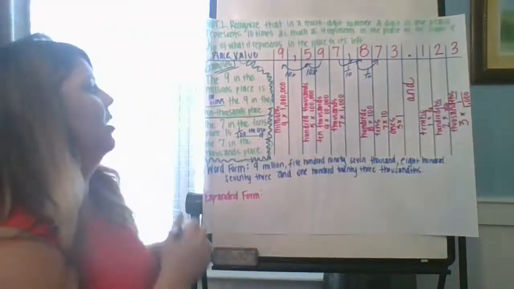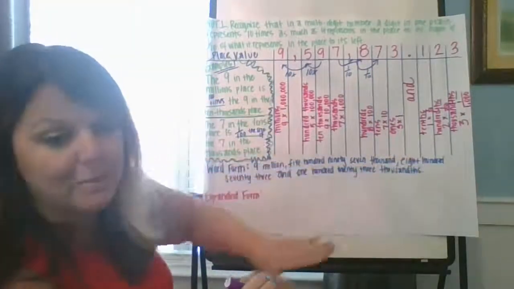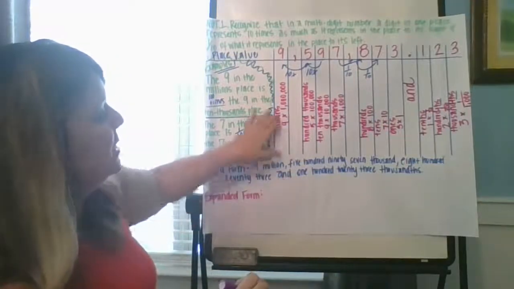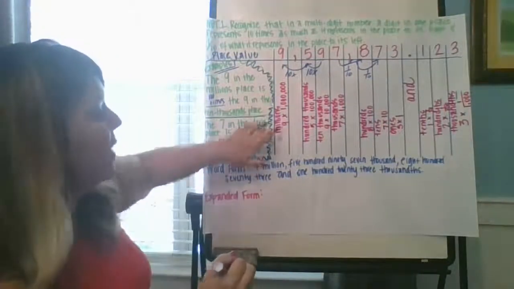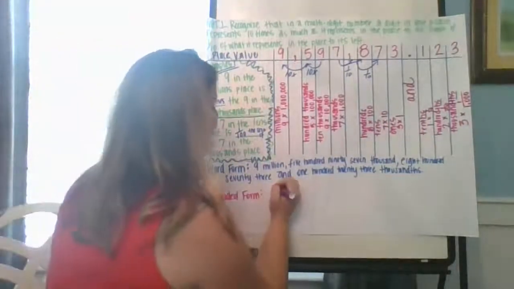All right, expanded form. What does this look like? Well, I wrote the expanded form of each number beside it, and then I'm just going to combine those for expanded form. So in our millions place, we have a 9. So I can write 9 times 1 million, or in this case, I'll probably just write 9 million.